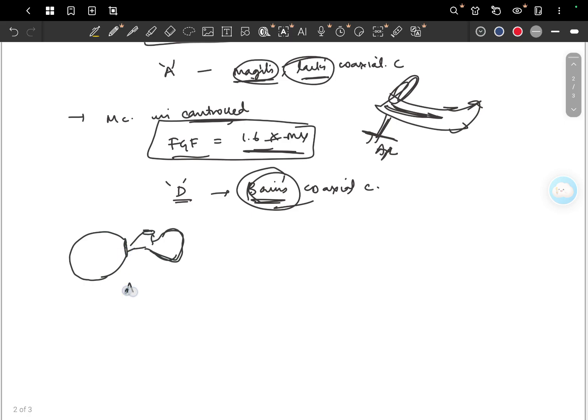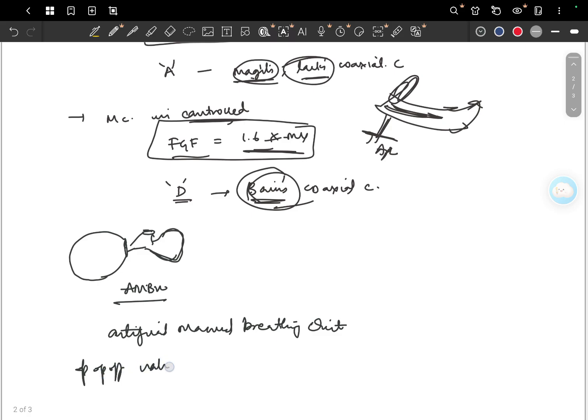So this is Ambu. Ambu is nothing but artificial manual breathing unit. So the pop off valve will have 30 to 40 centimeter of H2O here. So this is one point we have to remember about Ambu bag.